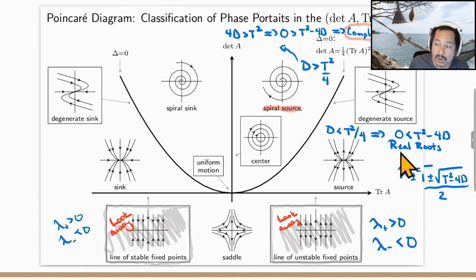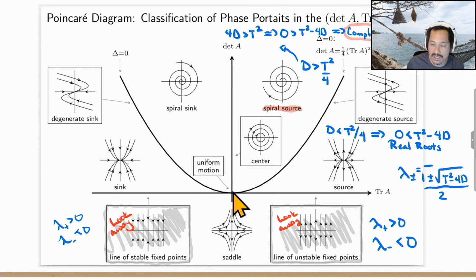And with a little bit more arguing, we would find out that these real roots correspond to a source. So here's the game. If the determinant's negative, you're down in quadrant 3 and quadrant 4, you're a saddle. If you're in quadrant 1 with positive trace and positive determinant, you're a source. I will show you where you can find a video that makes all of the rest of the arguments, and then you'll find out in quadrant 2 you're a sink.